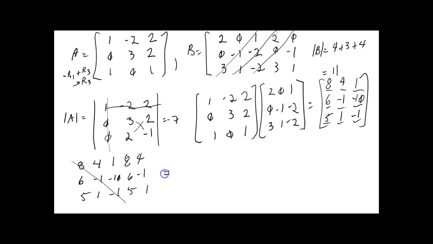What's that first one? Eight. The next one, ooh, yuck. It's going to be a minus 200. 4 times 5 is 20. 20 times minus 10 is minus 200. Third one, a lot easier.